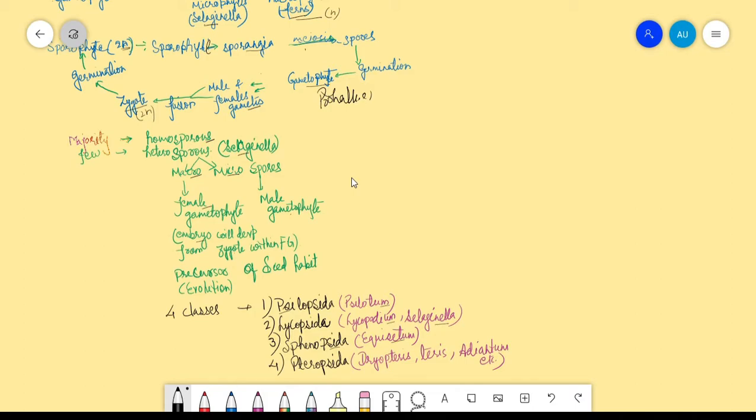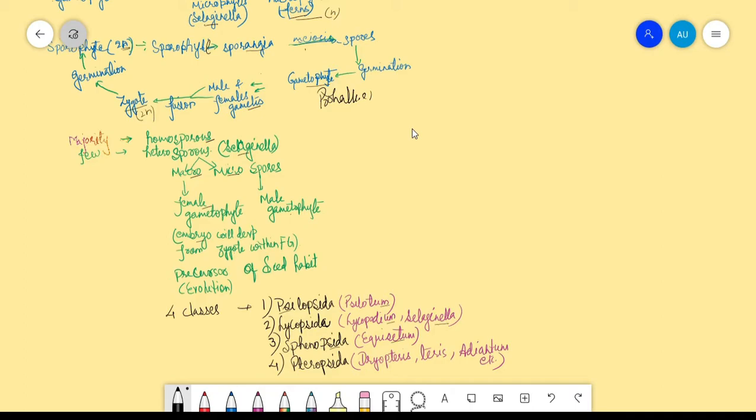The sporophyte bears the haploid spores, and the gametophyte bears the male and female gametes, that is haploid, and they will undergo fusion to give rise to the zygote. This gametophyte produces antheridia and archegonia.